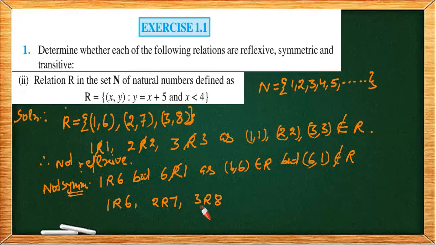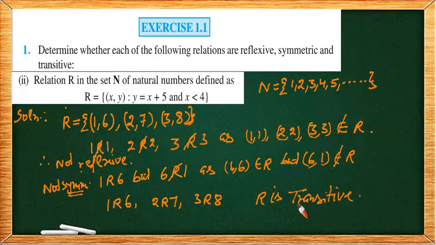The requirement of transitivity, we can say, doesn't exist. So by assumption, we assume this relation as transitive. R is transitive.